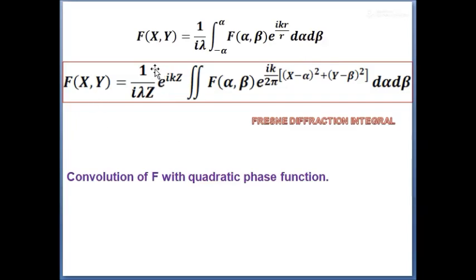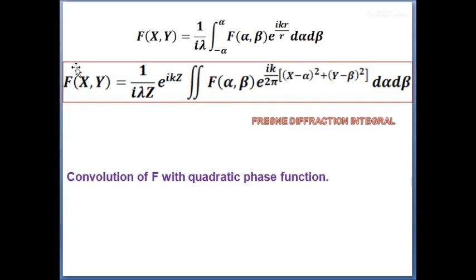So f(x,y) will be 1 by I lambda z e to the power ikz into this term. So the integration has two parts, f(alpha, beta) e to the power ikz into this square, and f(alpha, beta) e to the power ikz into this square.